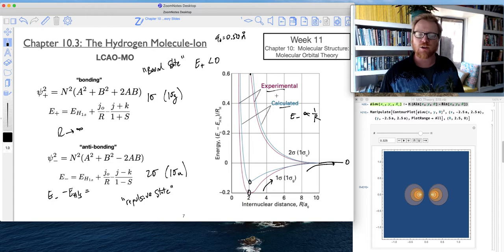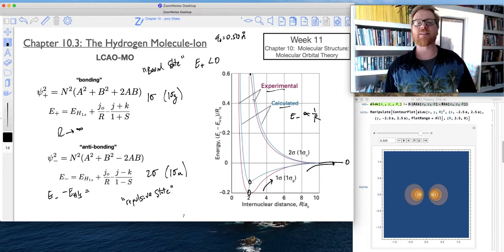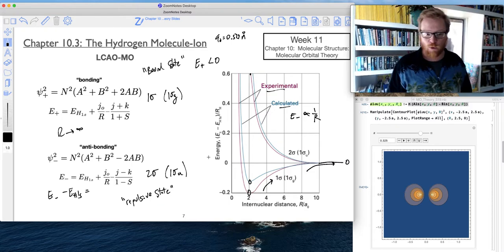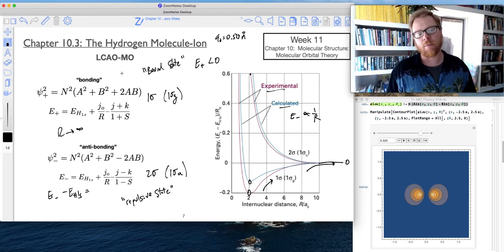We're going to start looking at graphs like this a lot, and when you see these Lennard-Jones types of graphs that have this minimum, I want you to think of that as a bound state. So it's stable, it's bonding. That's what it means by a bound state. And when we see these curves up here, these just decaying states, I want you to think of those as repulsive antibonding states. So that's how we're going to be able to connect a bonding state and an antibonding state when we look at their energy profiles.